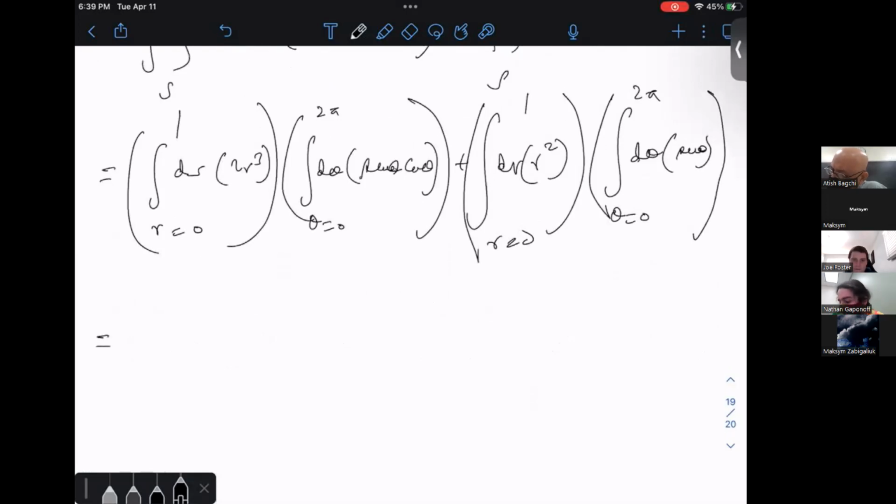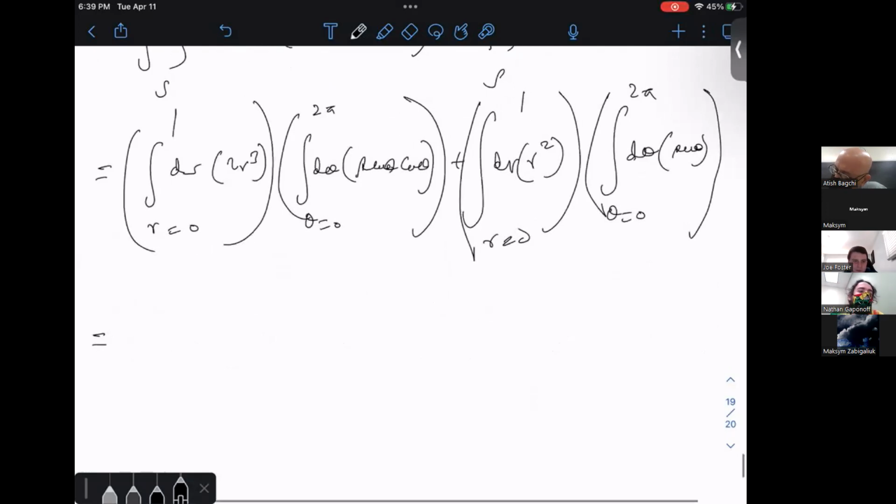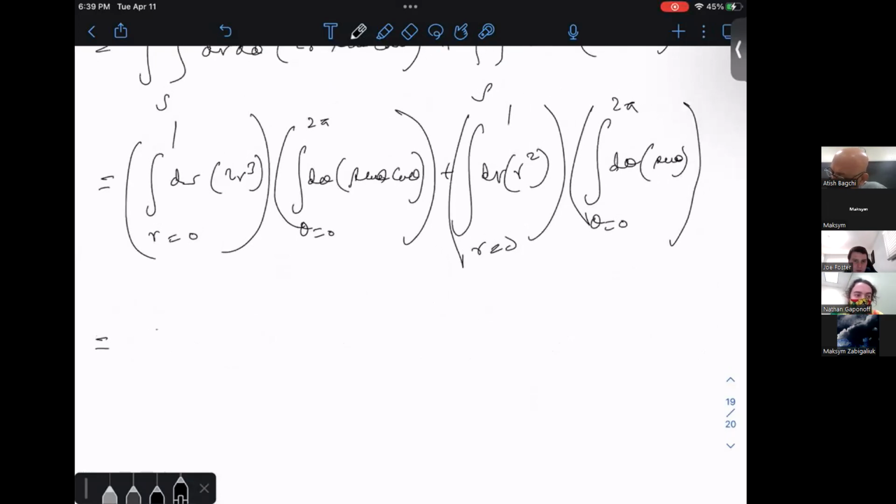Okay, so this is equal to, let's see, this will be r to the 4th over 4. So this would be 2 r to the 4th over 4, which is r to the 4th over 2, between 1 and 0.